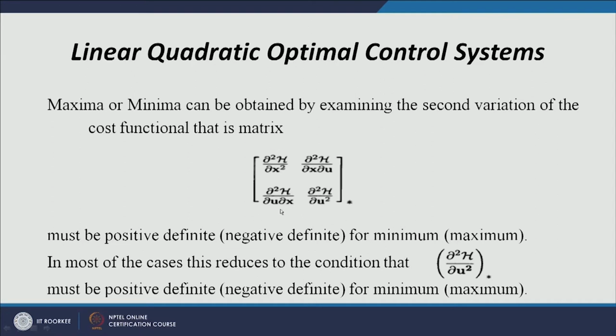And this matrix should be positive definite if my objective function is a minimum, and it should be negative definite if my objective function is a maximum.